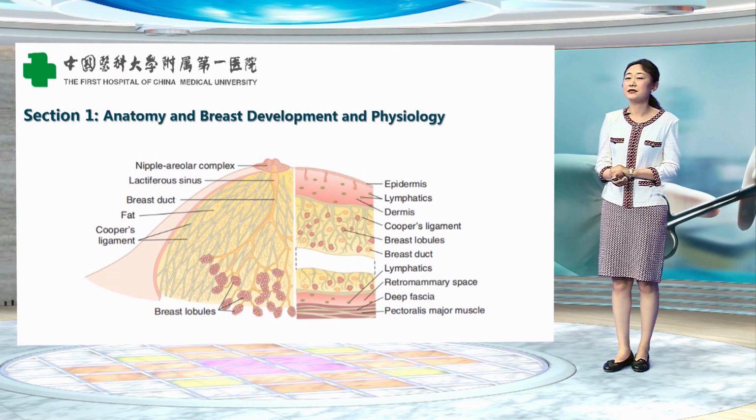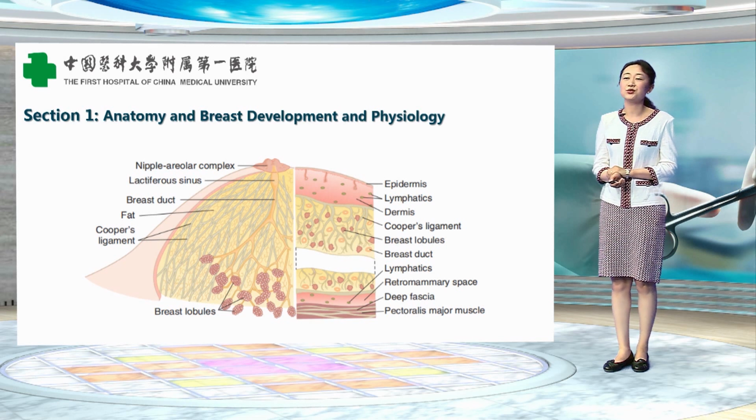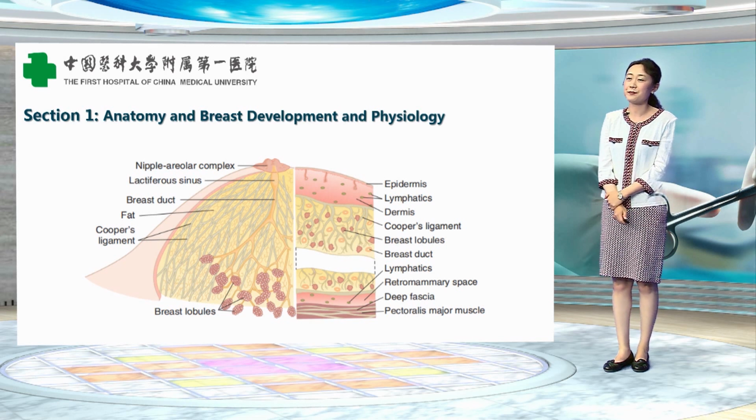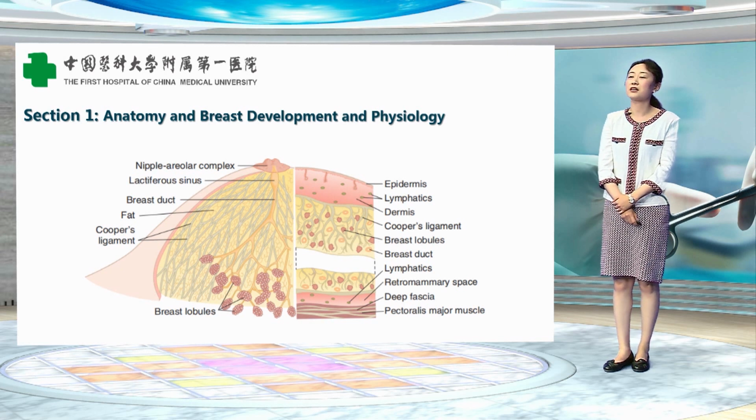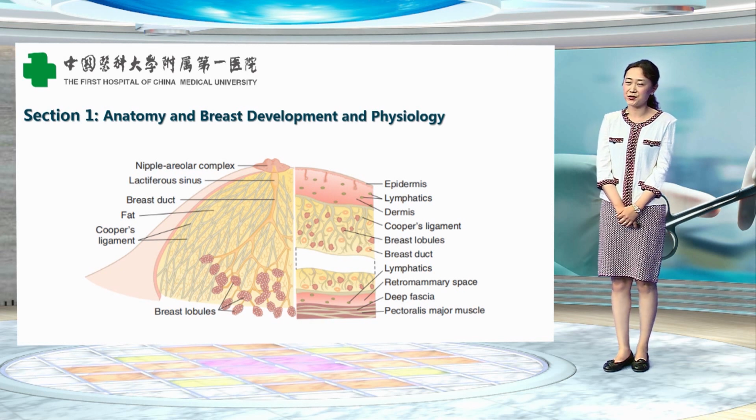First, the breast is a shallow organ which lies between the subdermal layer of adipose tissue and the superficial pectoral fascia. Between the breast and the pectoralis major muscle lies the retromammary space, which contains lymphatics and small vessels. The breast parenchyma is composed of lobes that in turn are composed of multiple lobules.